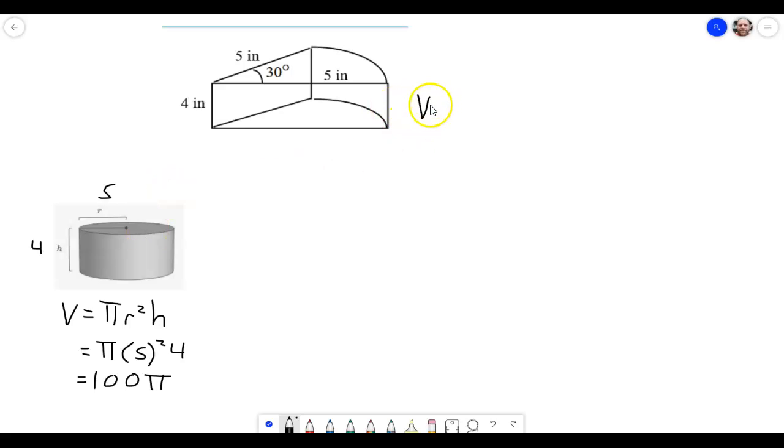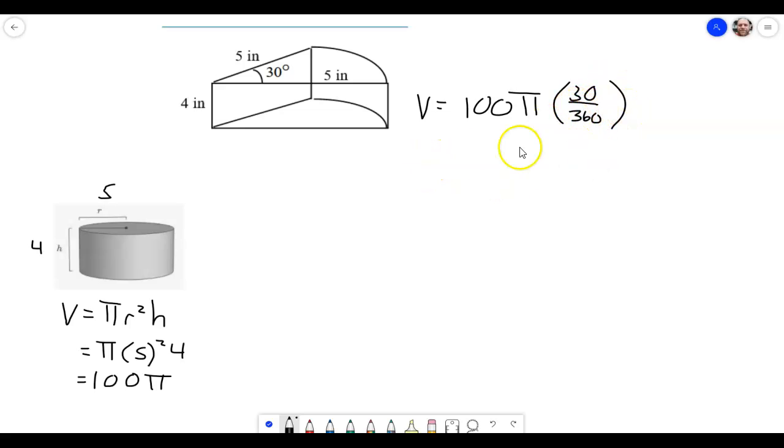To find the volume of this one, we take the volume of the entire thing, which is 100 times pi, and multiply that by 30 over 360.